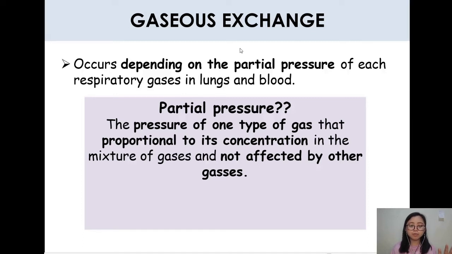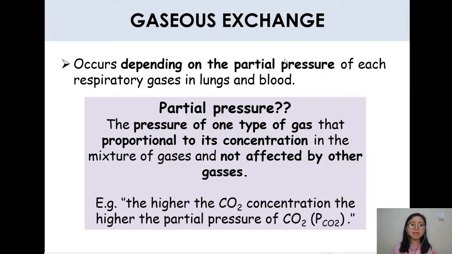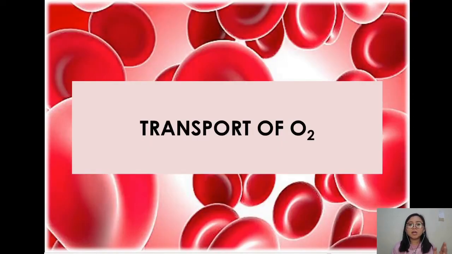The example that we have in this slide is carbon dioxide. So the higher the carbon dioxide concentration, the higher the partial pressure of carbon dioxide. Bila banyak concentration dia, tinggi lah partial pressure dia, bergantung kepada gas. With that knowledge, now you already know what is partial pressure. I hope you'll be able to understand the following explanations.